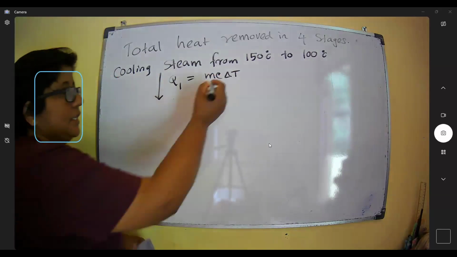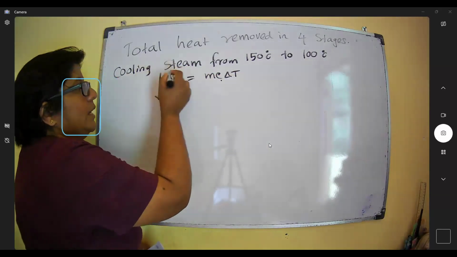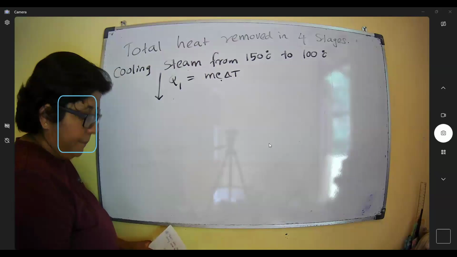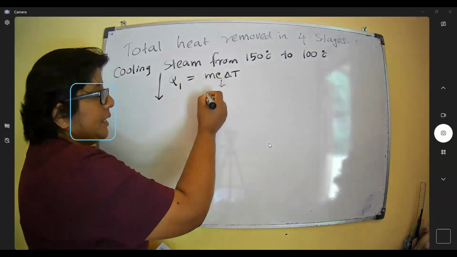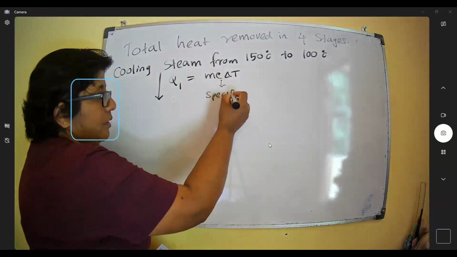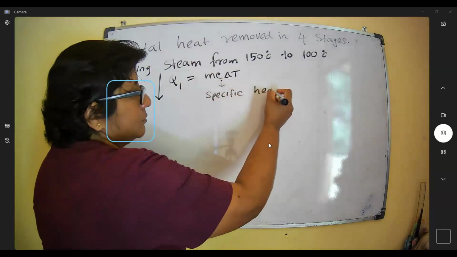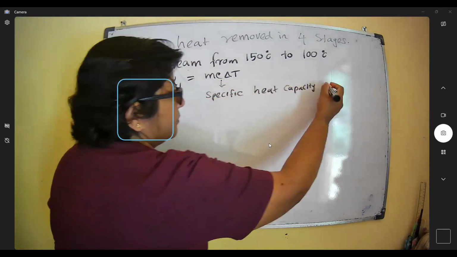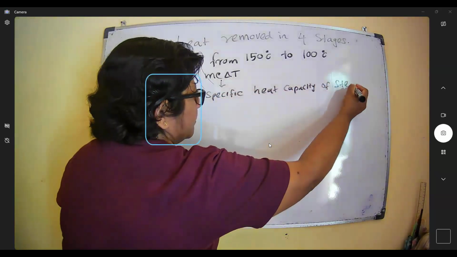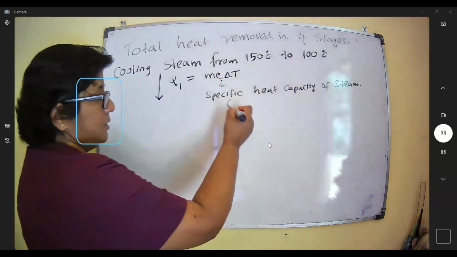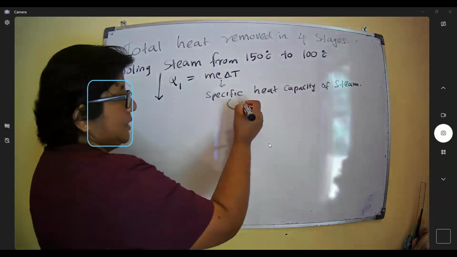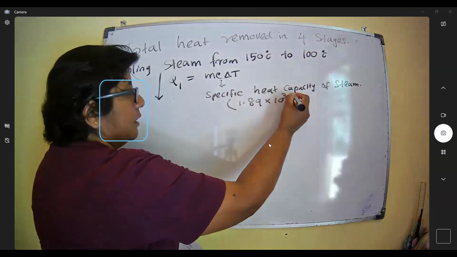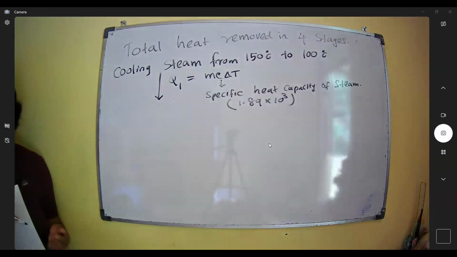What is the c? Cooling steam to water, c is the specific heat capacity of steam. In the question paper it is given as 1.89 × 10³, right? The specific heat capacity of steam.